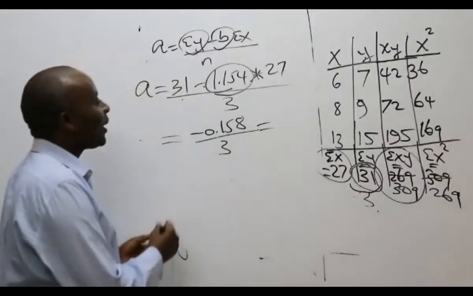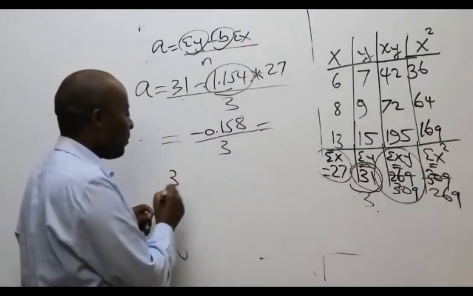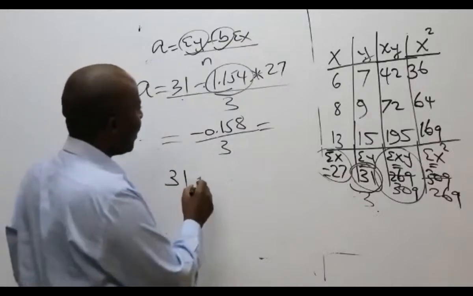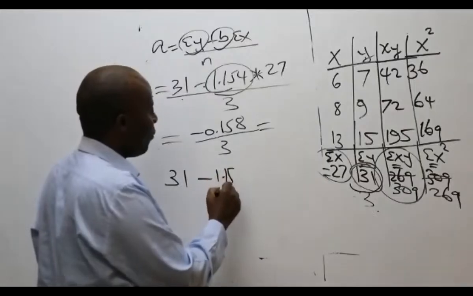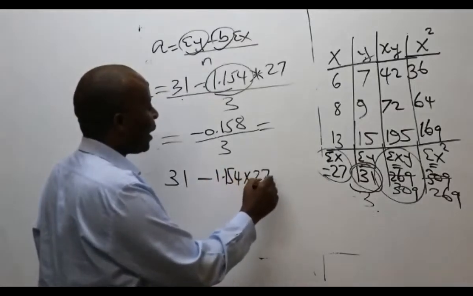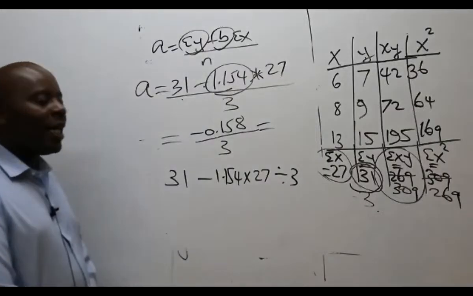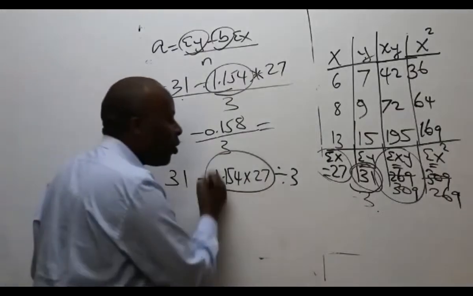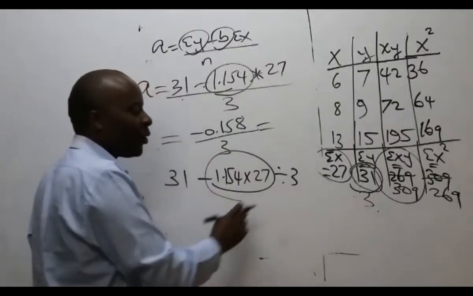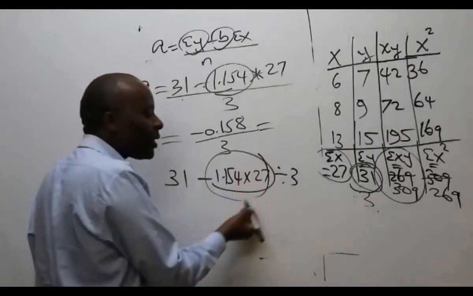Utapata mwanafunzi wengi, hata Fatma akifungua roho vizuri aseme, anasema kwa calculator 31 minus 1.154 times 27, alafu anasema divide by 3. So unakuta calculator yake imepick this alone to be divided by 3. And you see this 3 is supposed to be a divisor for both.